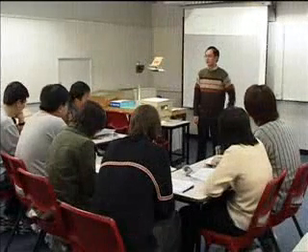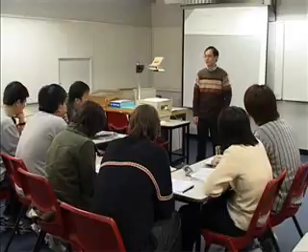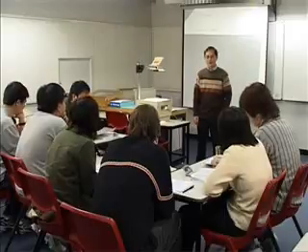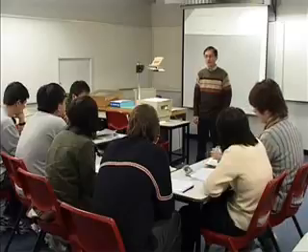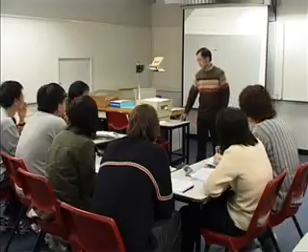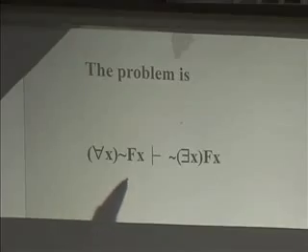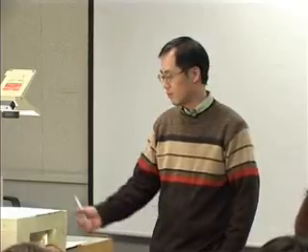The professor has taught you how to use the rules in practical logic to solve logical problems. I will show you an example now. This is the question. Do you think this is valid or not? You can prove it in this way.